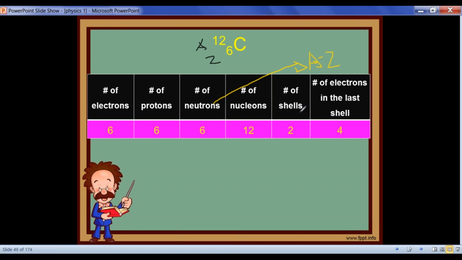Yung kanina, yung diniscuss natin. So, 12 minus 6 is 6. Ito po siya.